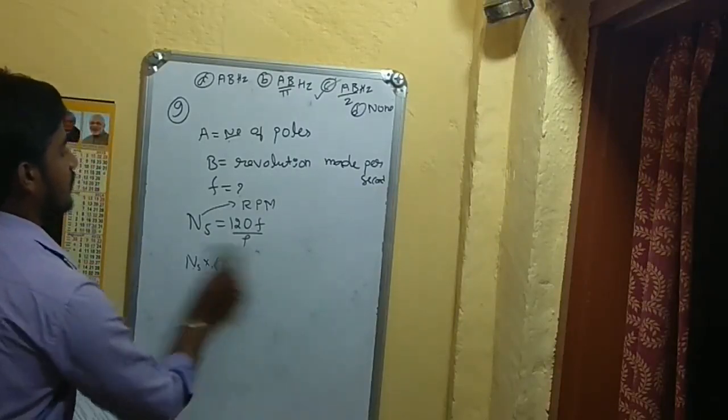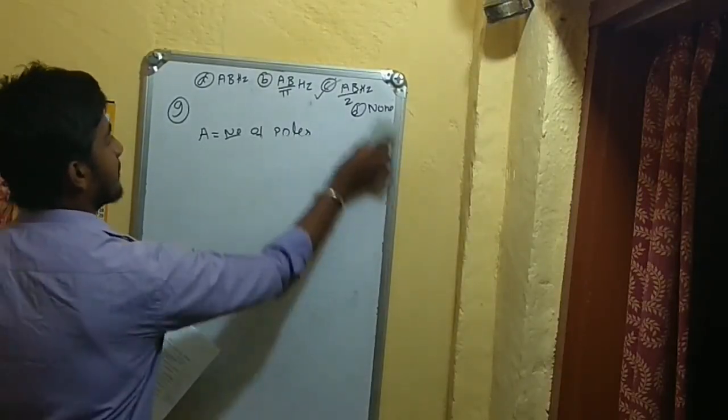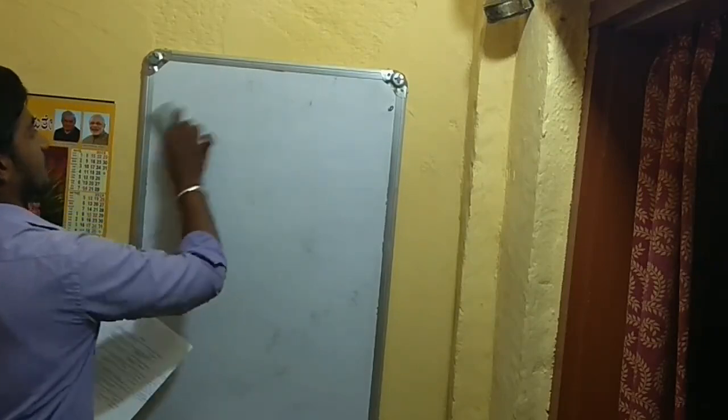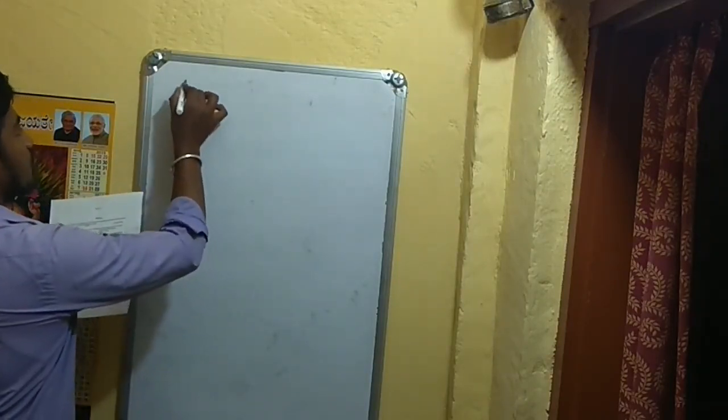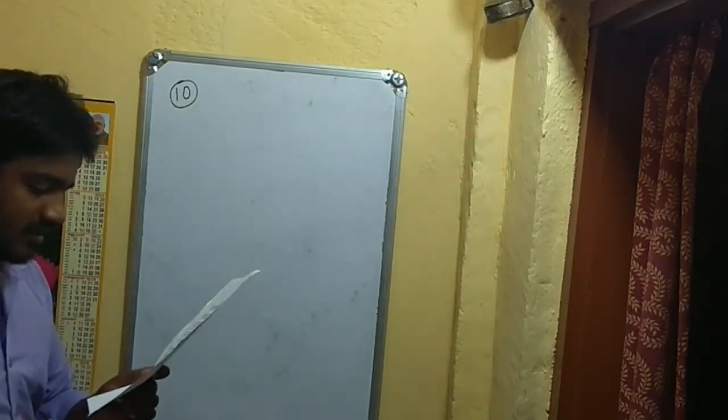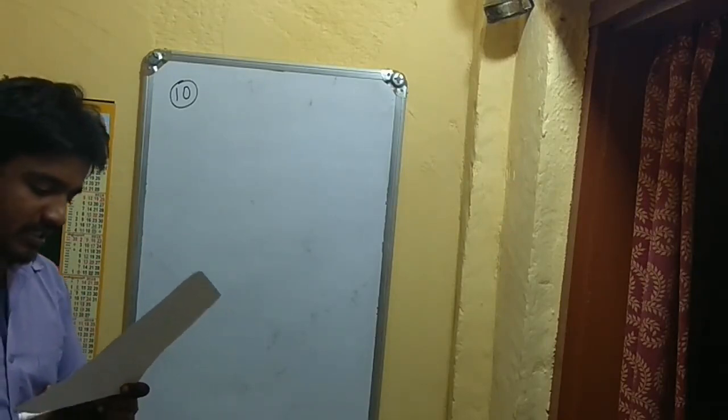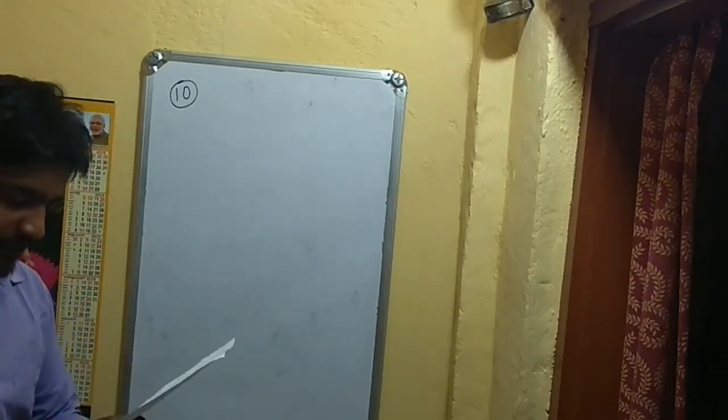Next, 10th question. Which of the following is a true statement? A stator is a rotating part of a generator. A stator is a stationary part of a generator.